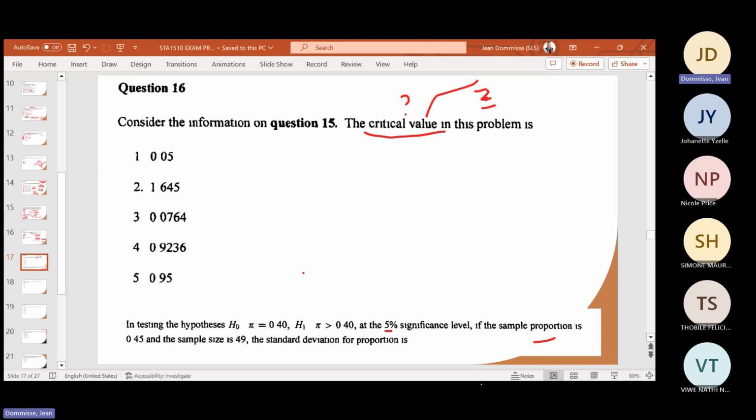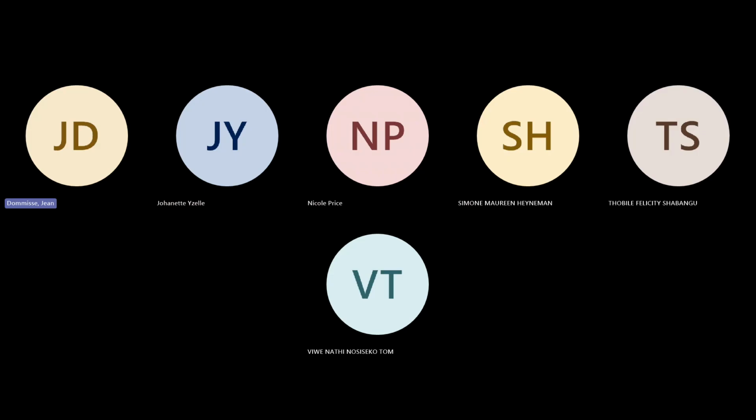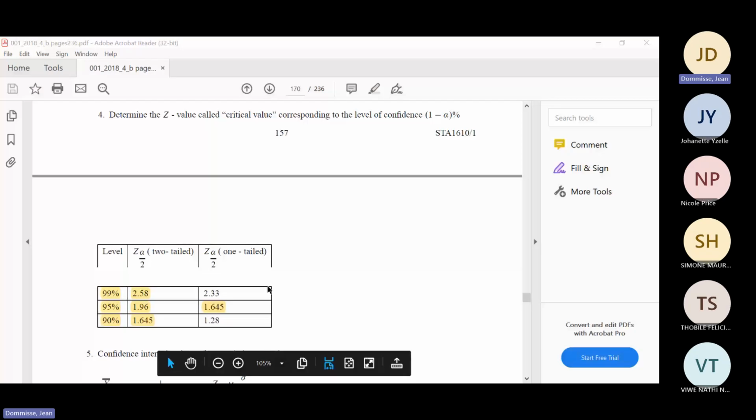Remember, I have jotted this table down on my summary notes as well. If you don't have the summary notes, I'll share them on the WhatsApp group again.